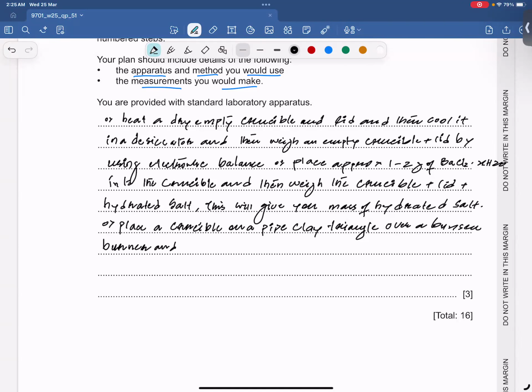And then heat it strongly until the solid appears fully dry.